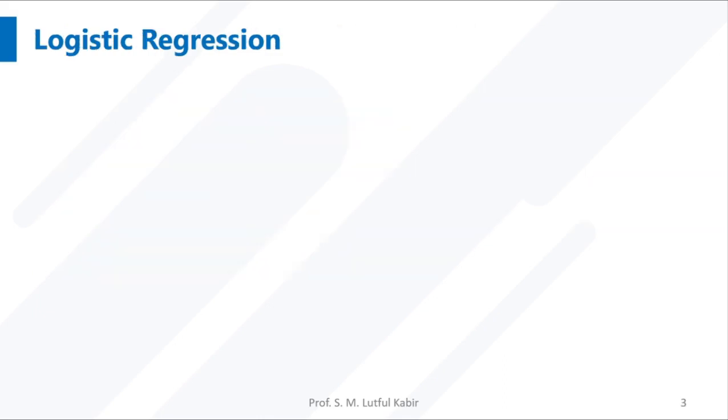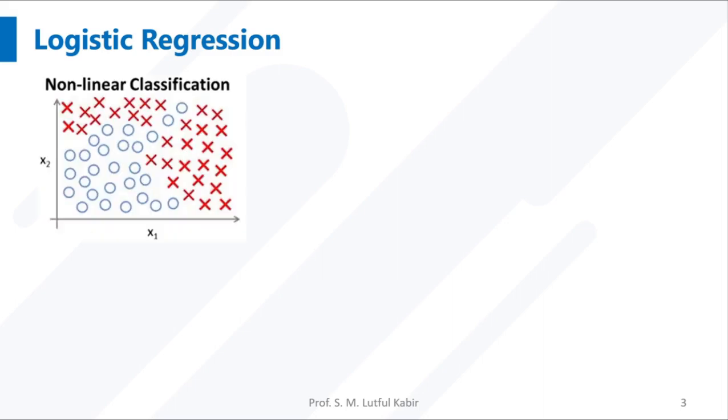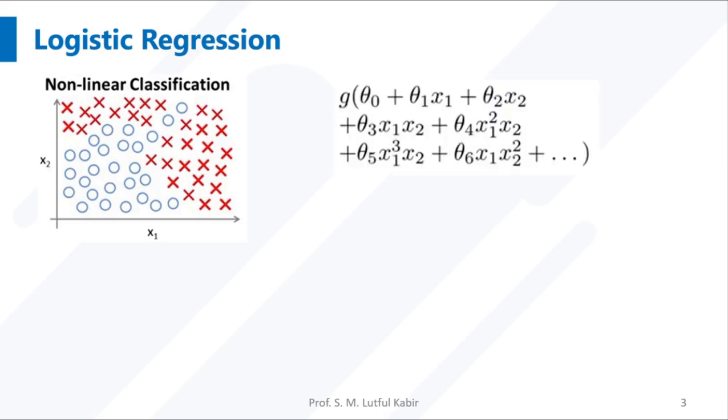Consider a supervised learning classification problem where you have a training set like this one. If you want to classify between 1 and 0, one thing you could do is to apply logistic regression with a lot of nonlinear parameters like this. So here g as usual is the sigmoid function, and we can include lots of polynomial terms like these.